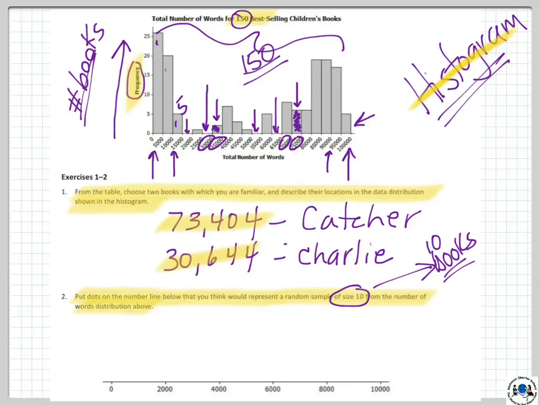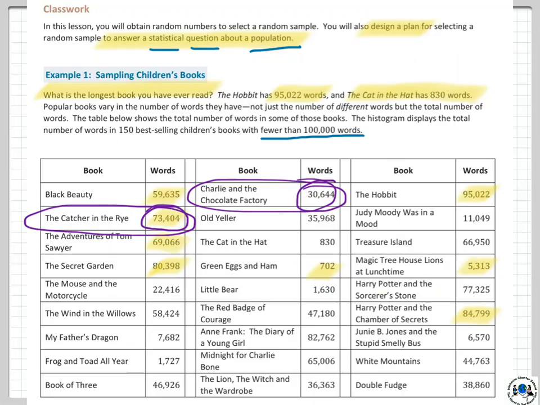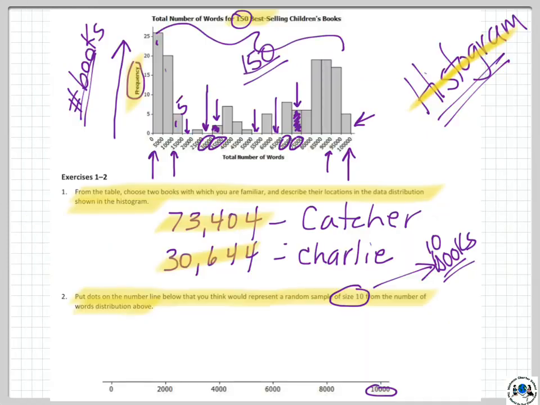If we look at this number line, it only goes up to 10,000 words. If we look at the distribution of all those words here, this is not the full 150. Actually, the full 150 we can see here.